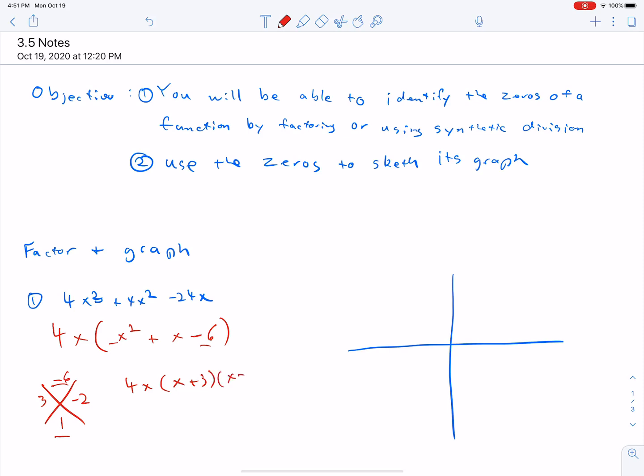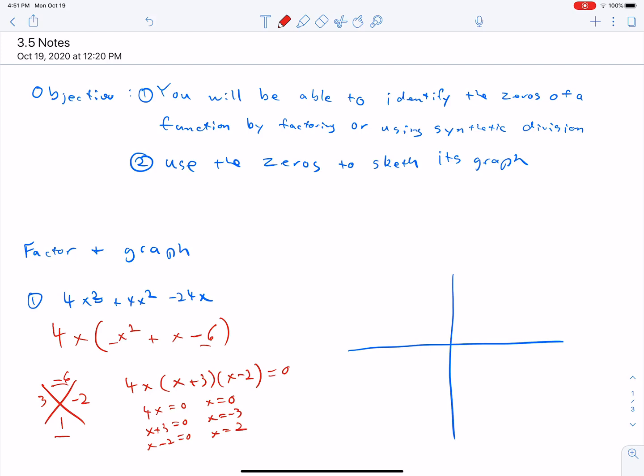times x minus 2. Now remember, we set these equal to 0, so we're going to have 4x equal to 0, x plus 3 equal to 0, and x minus 2 equal to 0. So this becomes x equals 0, x equals negative 3, and x equals 2.